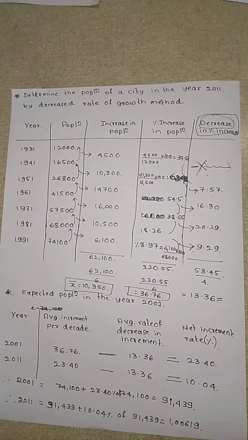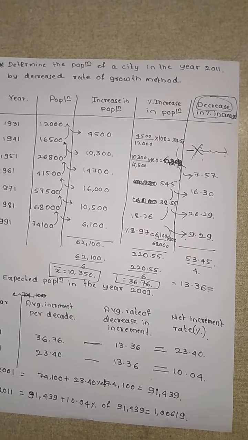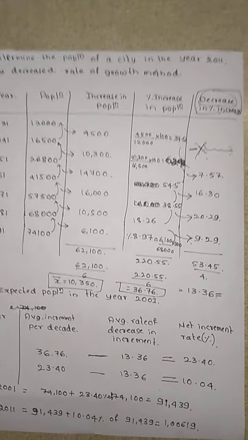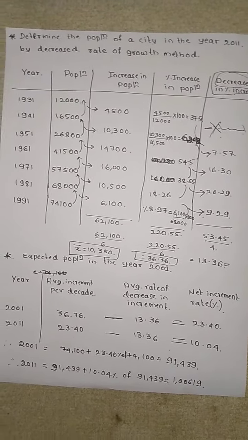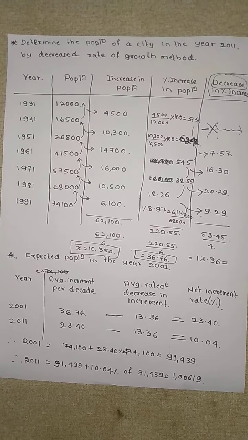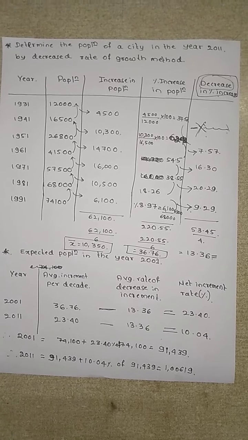Now in the next class, till now what we have done is we have calculated the arithmetic increase method, the percentage increase method or incremental increase method. All the problems, in order to understand the concept, we have solved in different questions.